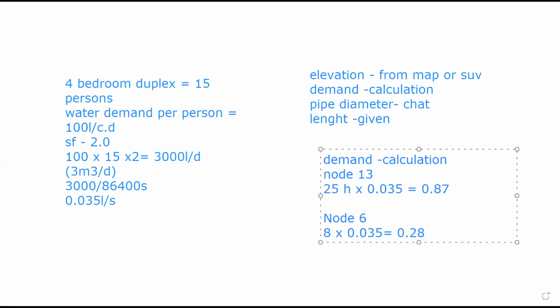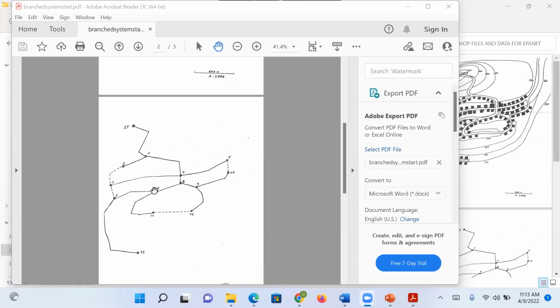So instead of writing node 6 to be 0.28, we got 0.28 for houses between 7 and 6.